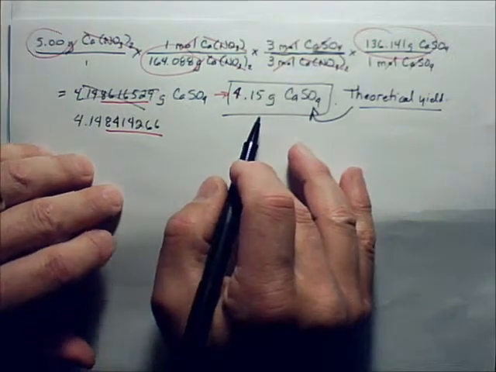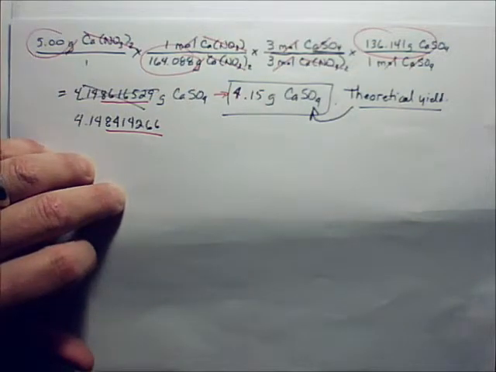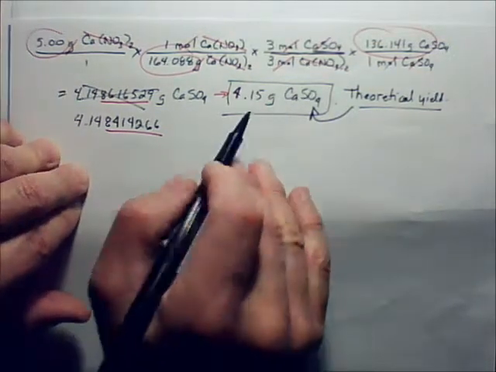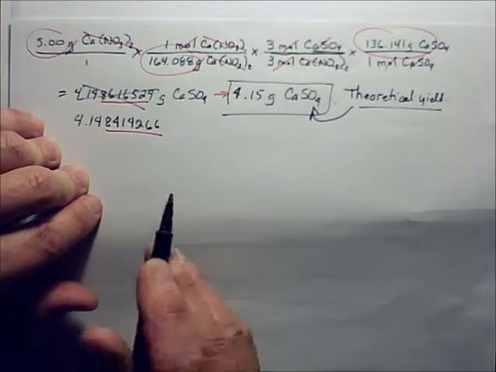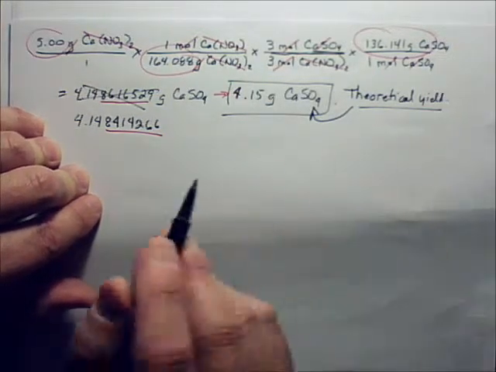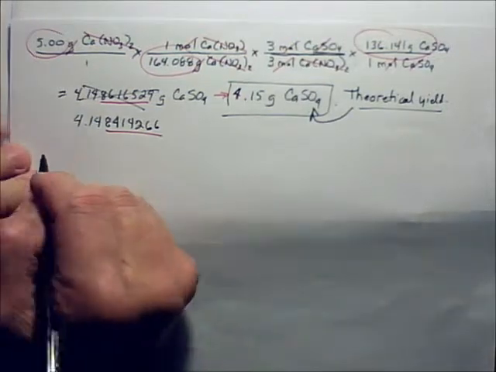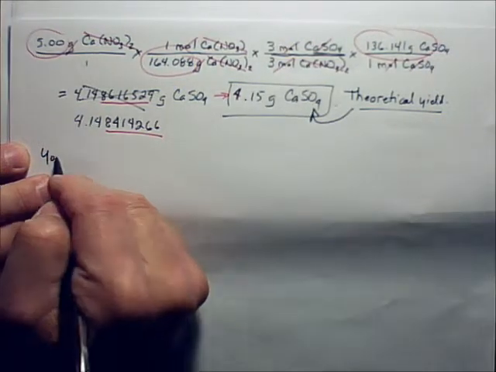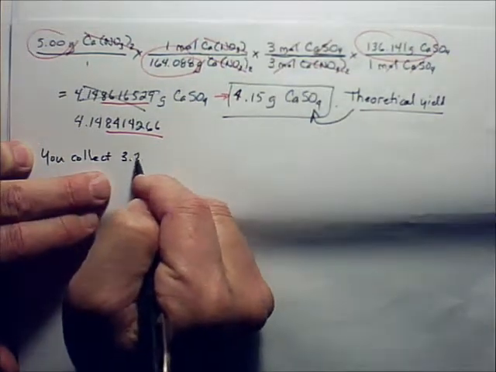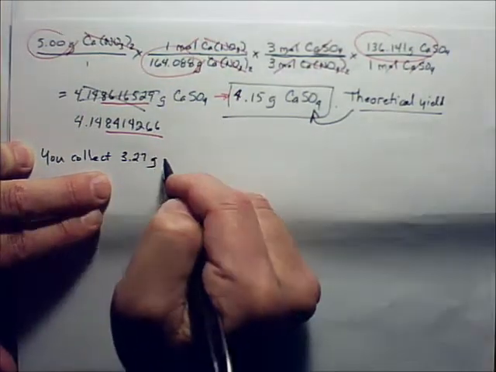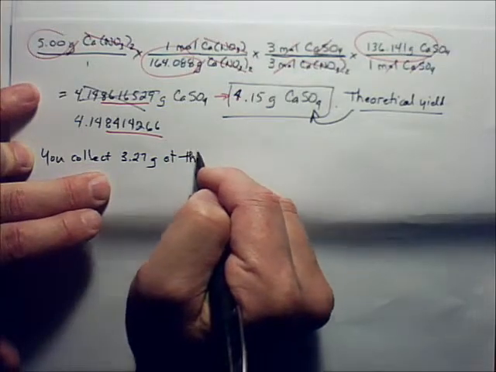Since we can never reach this, if you were to actually do this process in a lab, you should not be able to get 4.15 grams. It should be something less than that. So let's say you did get something less than that. Let's say that you collect 3.27 grams of this solid product.